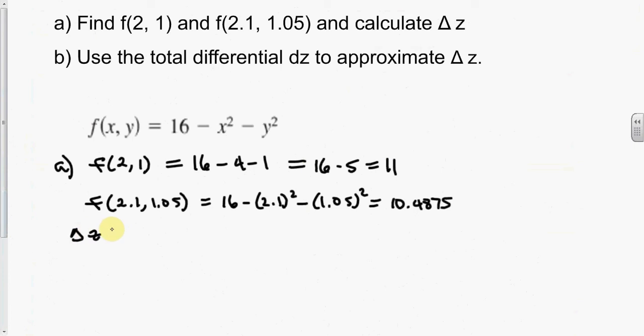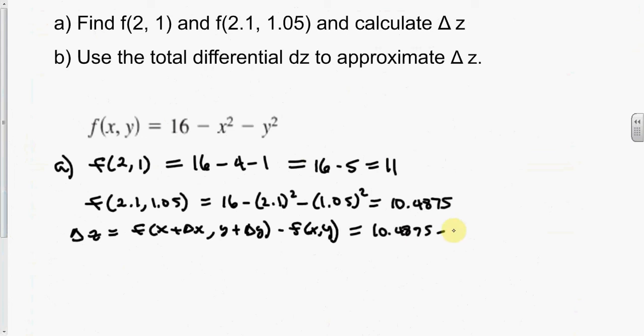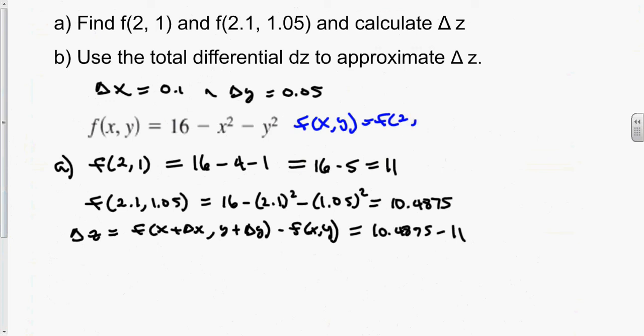Now this increment delta z is f of x plus delta x comma y plus delta y minus f of x y. This is 10.4875 minus 11. You see the delta x is 0.1 and the delta y is 0.05. So the f of x y is f of 2 comma 1, right?